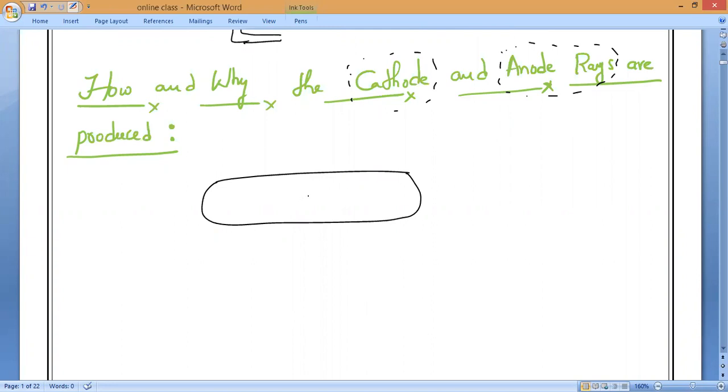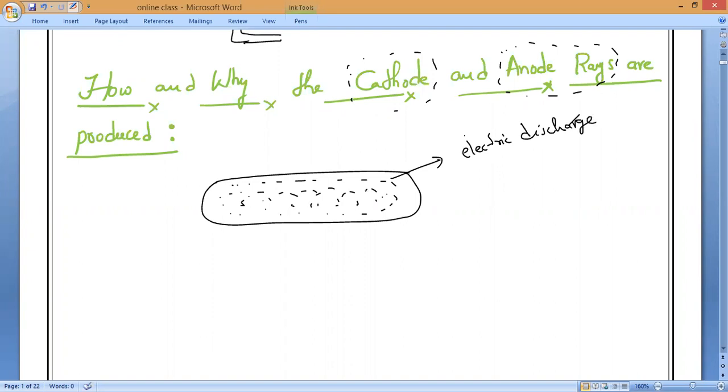When a gas is taken in a discharge tube and an electric discharge is given under very low pressure, I fill the discharge tube with some gas and pass electricity at low or high pressure. Electric discharge means transfer of charge through solids, liquids, or gases. That is what we call electric discharge.